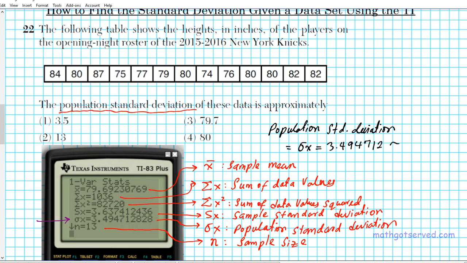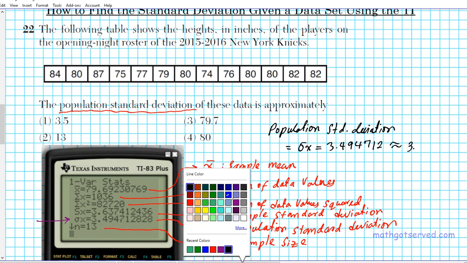If we want to round it to the tenths place, it's going to be 3 point. Now we're rounding it, this is the tenths place right here.